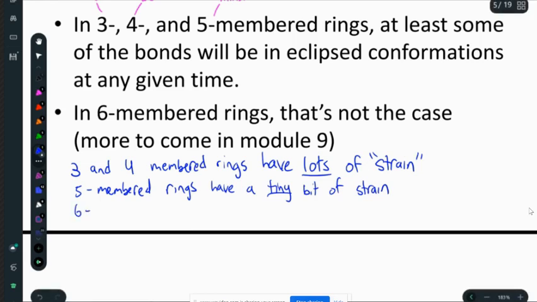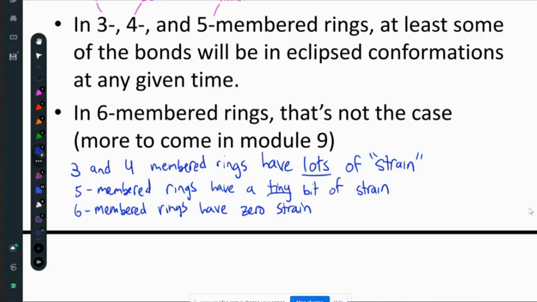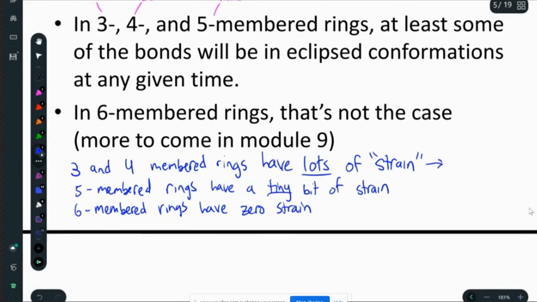But 6-membered rings have absolutely zero strain. So in general, you'll see some 3 and 4-membered rings, but they're usually hard to form. You'll see lots of 5 and 6-membered rings because they're relatively more stable.